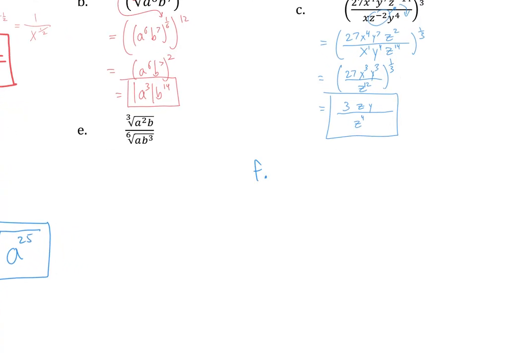I'll call this F, and we'll come back to E. If we had the square root of a squared b divided by the square root of, now let's say, ab to the third. Let's take the same thing, but notice these are square roots, not 3 and 6. I just changed the problem, different problem.